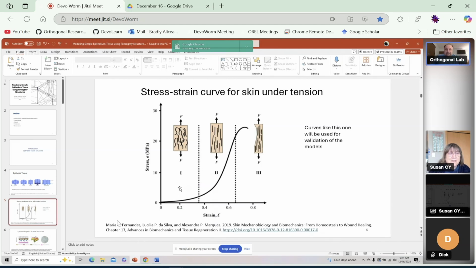So just a skin sample and what happens to it when you tension it, and when you tension it too much, it breaks. So this is just a skin sample, and it starts out relaxed with a low elasticity, and then it tensions, and the structures inside become more aligned. Okay, so I need to explain that better.